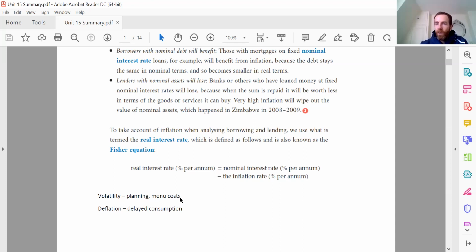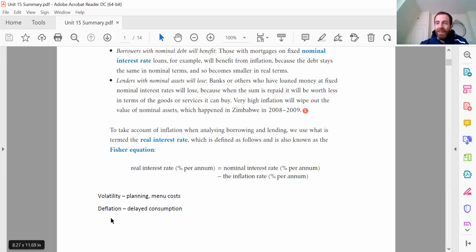Now, why is it called menu cost? Because this is particularly relevant for a restaurant, where they have a menu with fixed prices on it that need to be potentially changed. So, issues with volatility.